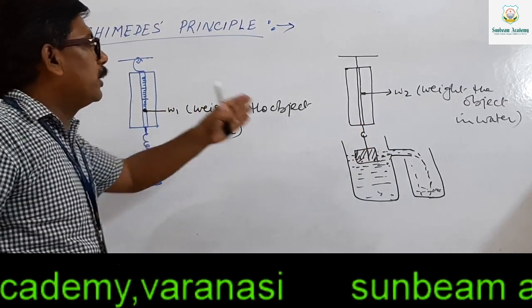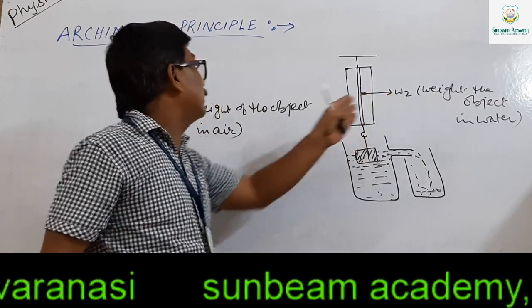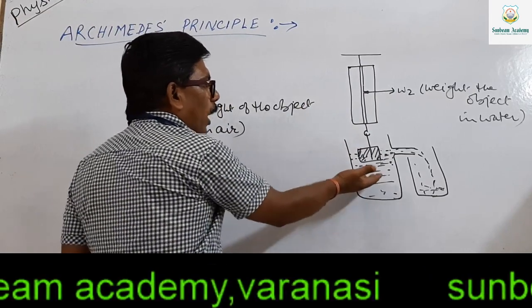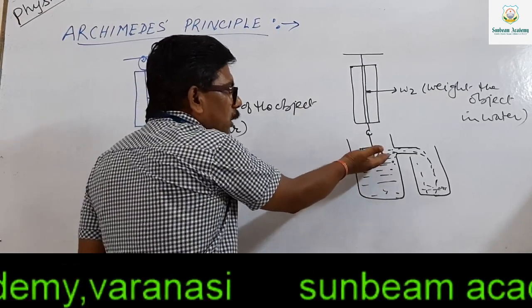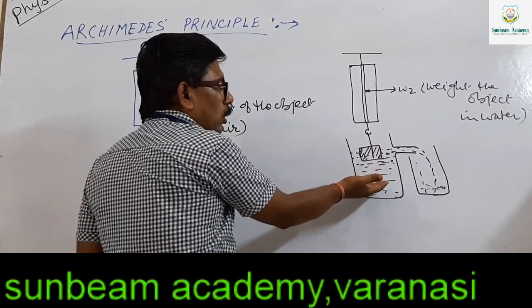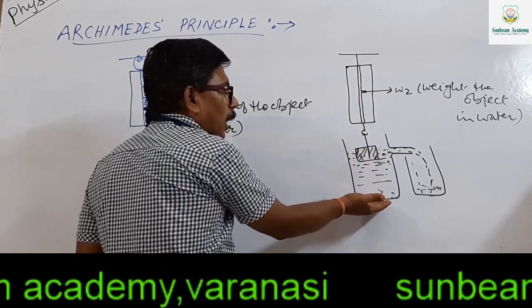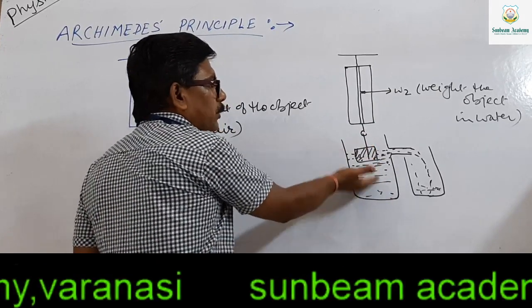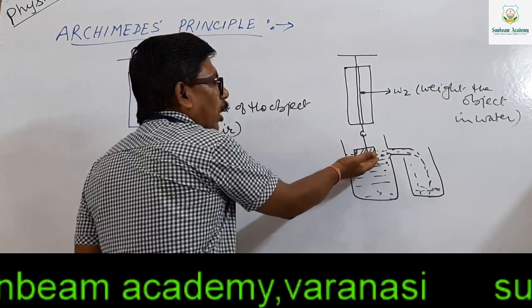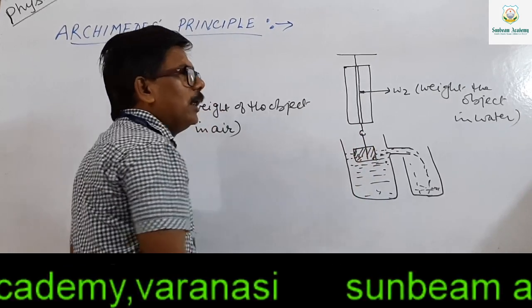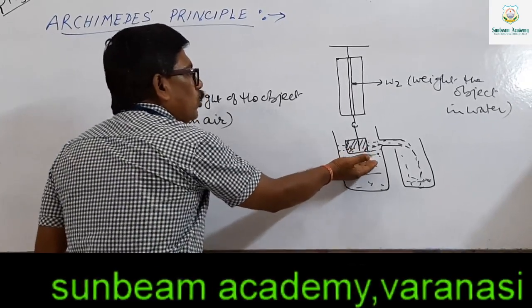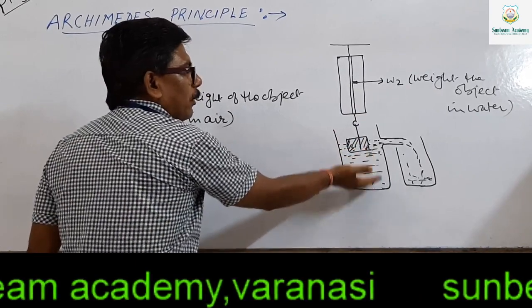You observe less weight, W2 is less than W1. Why? Because this water gives some upthrust force, meaning force acting in the upward direction on this object, due to which the object, immersed in a liquid partially or wholly, loses some weight.